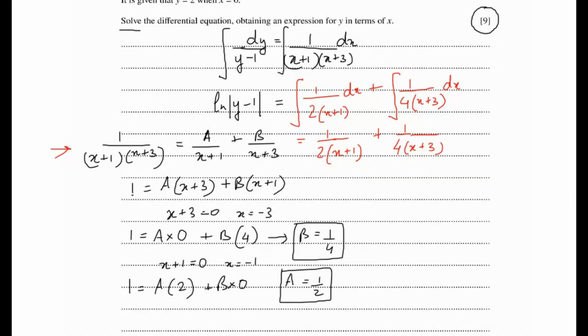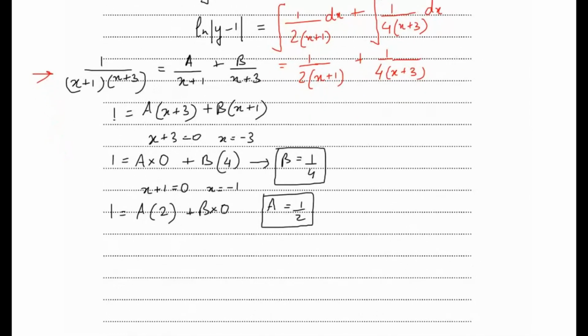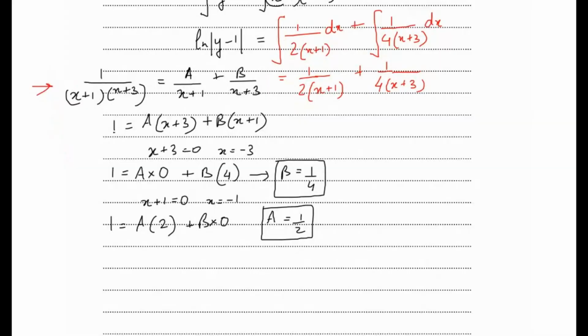I'm continuing the integration down here. Just rewriting that equation, we have this one right here: ln of y minus 1 equals the integral of 1 by 2 times x plus 1, which is 1 over 2 times ln of x plus 1, the coefficient of x is 1, plus 1 by 4 times ln of x plus 3, again the coefficient of x is 1, plus c.